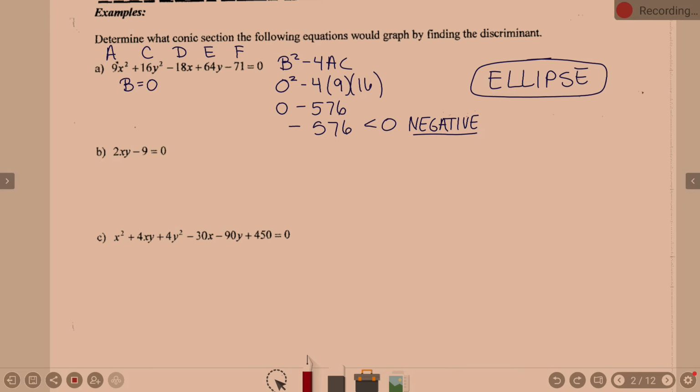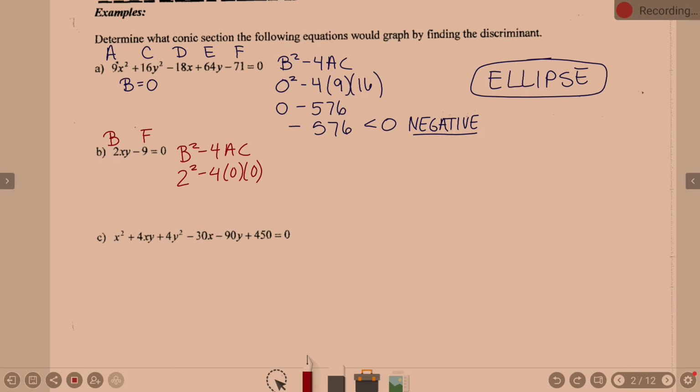2xy minus 9. 2xy is what term? B. So we know B is 2. Minus 9, what is that? F. What is everything else then? Zeros. So, b squared minus 4ac. 2 squared minus 4 times 0 times 0.